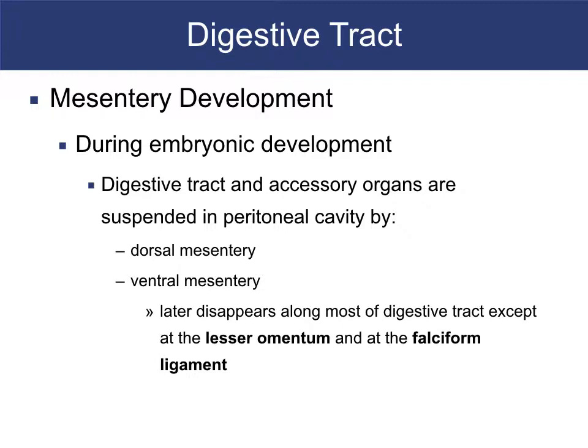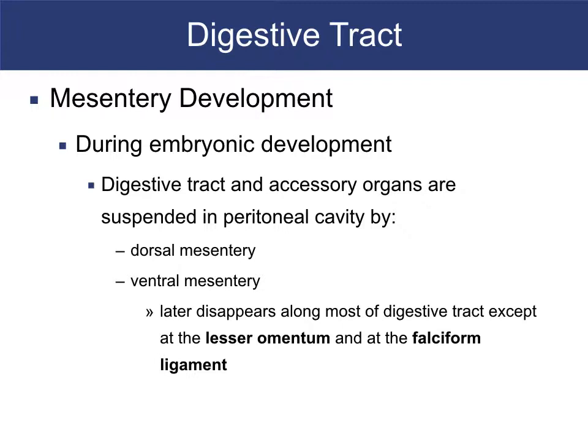kind of ran down the middle of you. And of course, it was supported by a mesentery from the dorsal side, but it was also supported by a mesentery from the ventral side. So we had blood vessels going into the bowel from the front up here, the ventral side, and we had blood vessels going in from the back, the dorsal side.